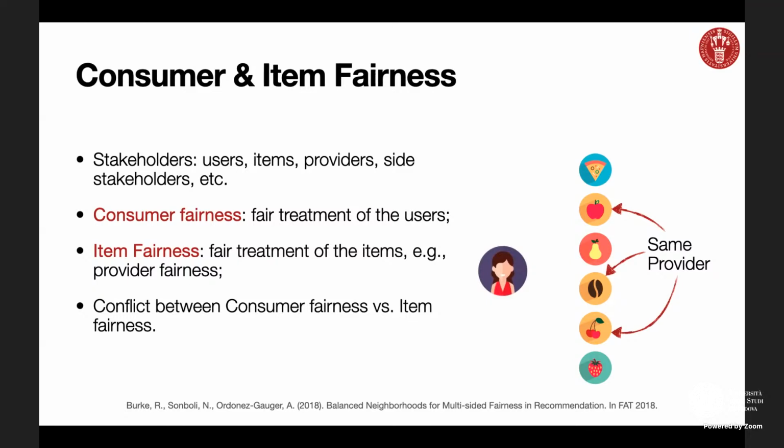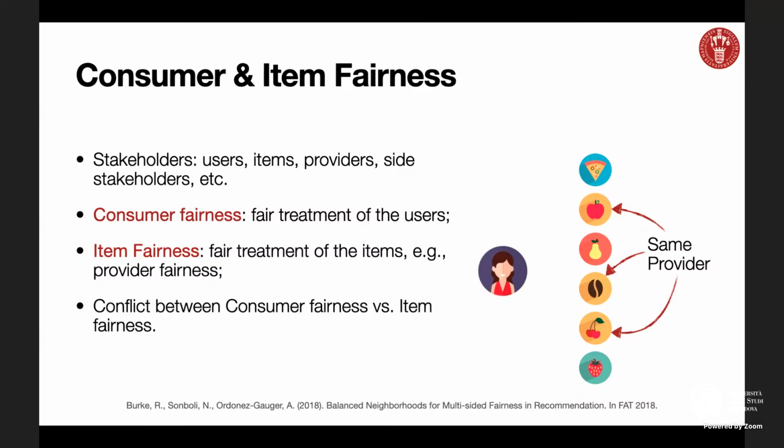So if you are on Amazon, a group of items from the same provider might actually get more exposure than all the other groups. You don't want a provider, for example, to be overrepresented in your searches. And this might be because there are new providers, new to the market, and you want to give them equal opportunities as other providers that have been in the market for more time.